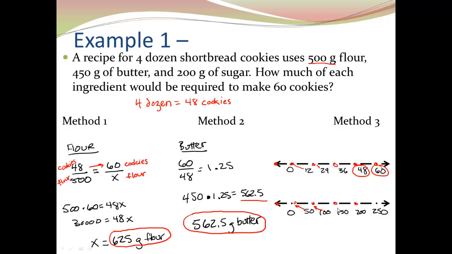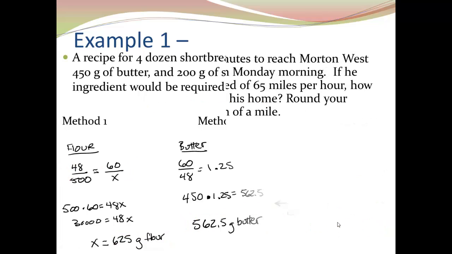Okay? So that means that if we increased by the same rate, we would need 250 grams of sugar. Okay, so again, you just need to find the method that works for you. Another way to do it would be to create a graph, but we'll be getting into graphing later, so you can look at it then.